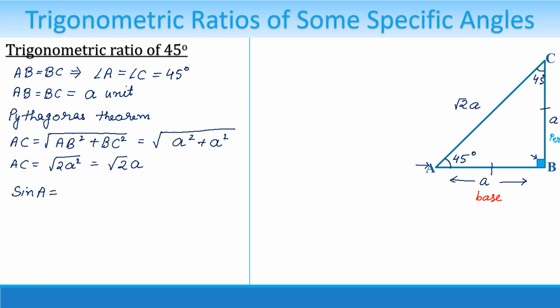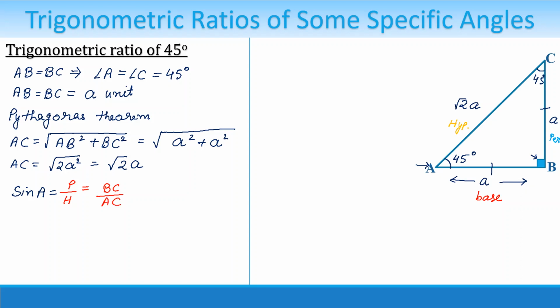This will be the perpendicular because it is opposite to the angle, and the hypotenuse, as we all know, remains the same, that is opposite to the right angle. So now if I have to write down the value of sine A, we know it is perpendicular by hypotenuse. For this triangle, it will be the perpendicular, that is BC, upon the hypotenuse, that is AC.